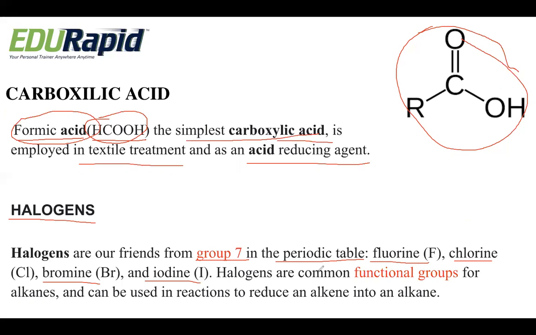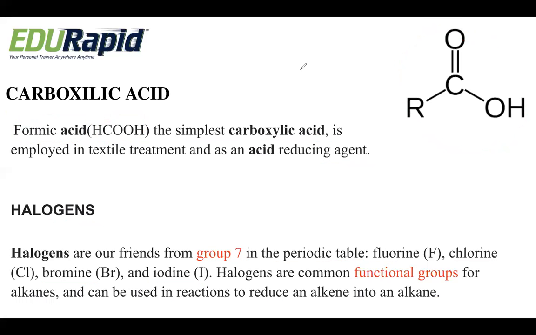Halogens are very common functional groups for alkanes. Most of the alkane hydrocarbons have halogens as functional groups and can be used in reactions to convert an alkene into an alkane. So these are some of the very important functional groups we have studied of the hydrocarbons.